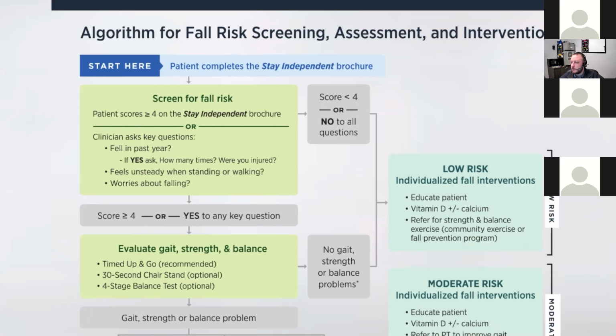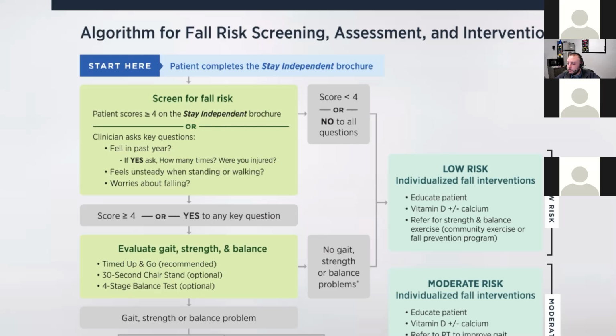This is a good thing for us to use because we love algorithms. If they scored less than 4, we go down to low risk and we just educate the patient, make sure they're taking vitamin D, and refer them for strength or balance exercises.